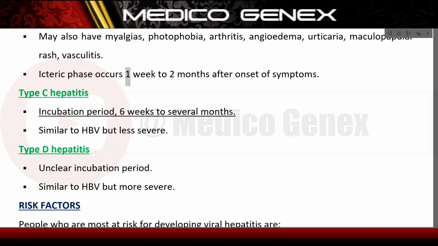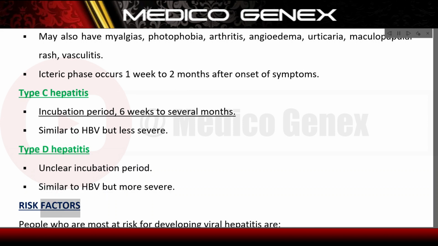Icteric phase occurs 1 week to 2 months after onset of symptoms. Type C hepatitis. Incubation period, 6 weeks to several months. Similar to HBV but less severe. Type D hepatitis. Unclear incubation period. Similar to HBV but more severe.